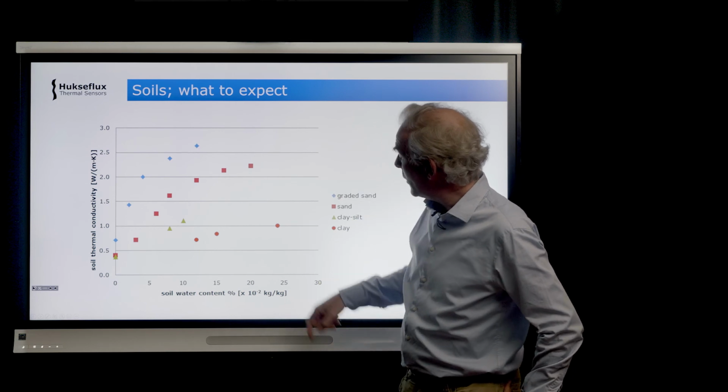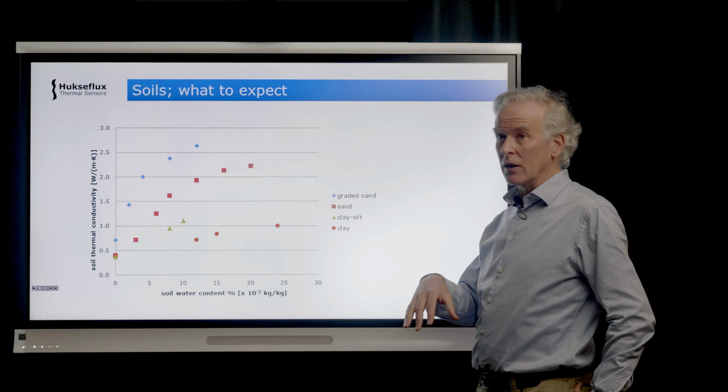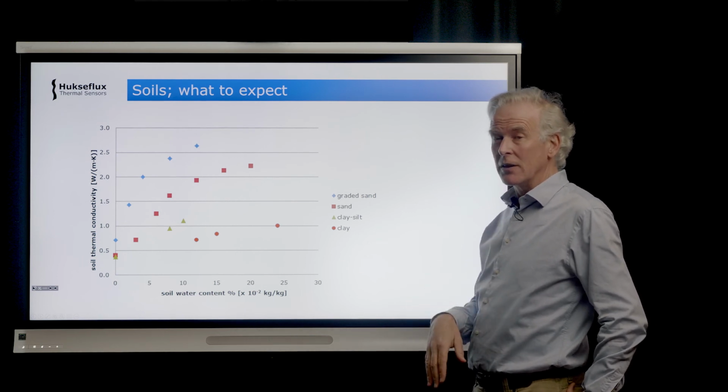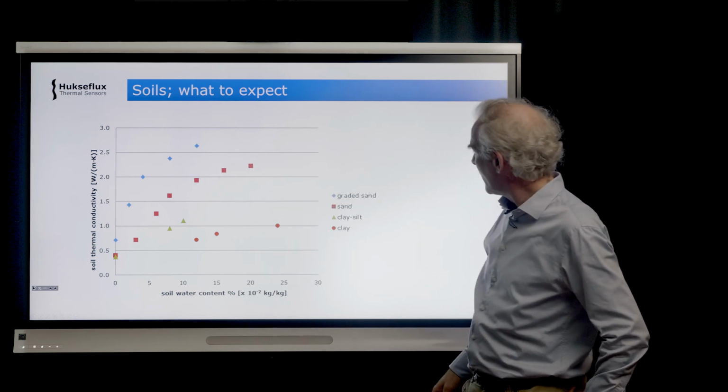This percentage by weight is about the maximum. That's the volume that was originally occupied by air, now replaced by water. So here you get to the saturated condition.